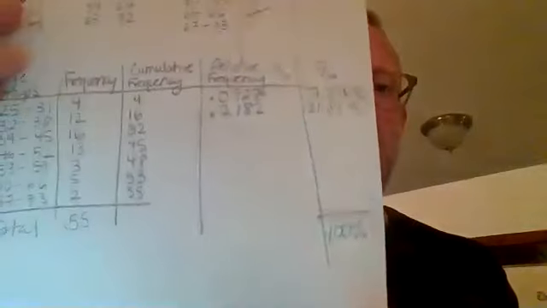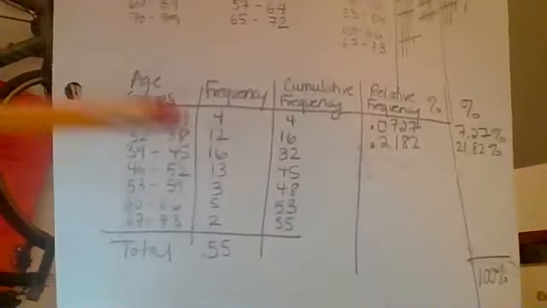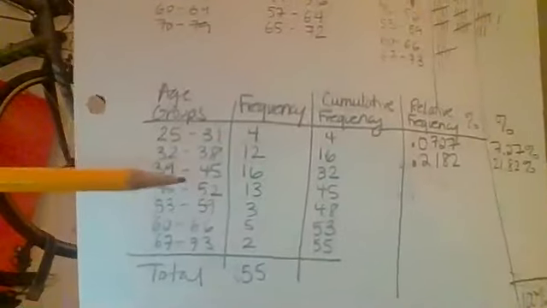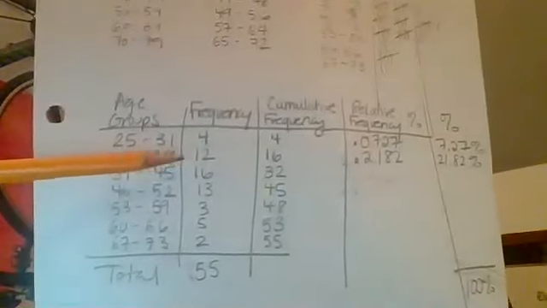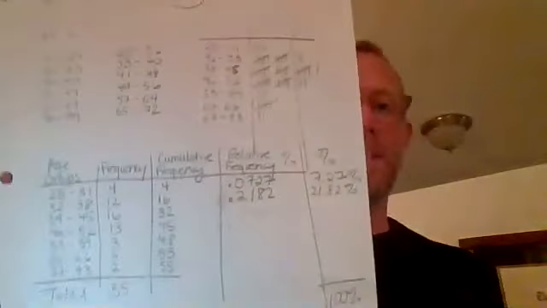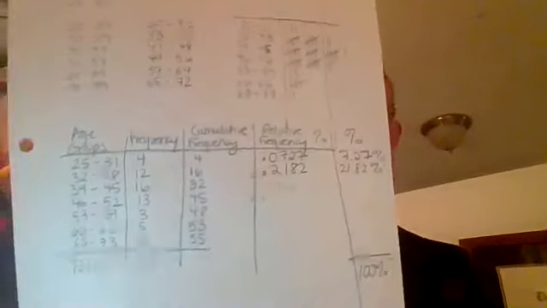There's nothing magical about that choice. The only reason I came up with that number is I looked at my original frequency here, and the highest frequency I have is 16, so I want to make sure I at least capture that 16.